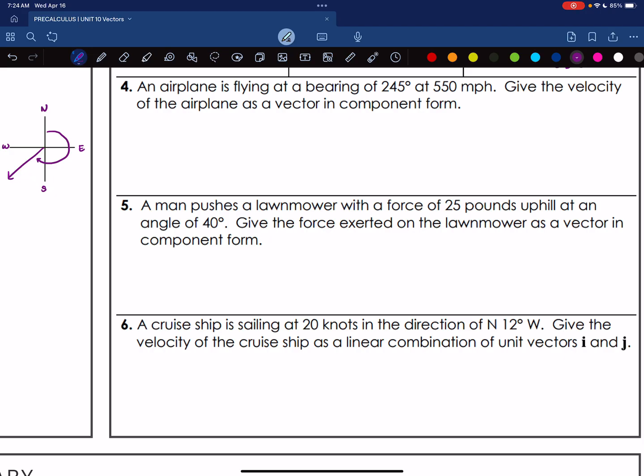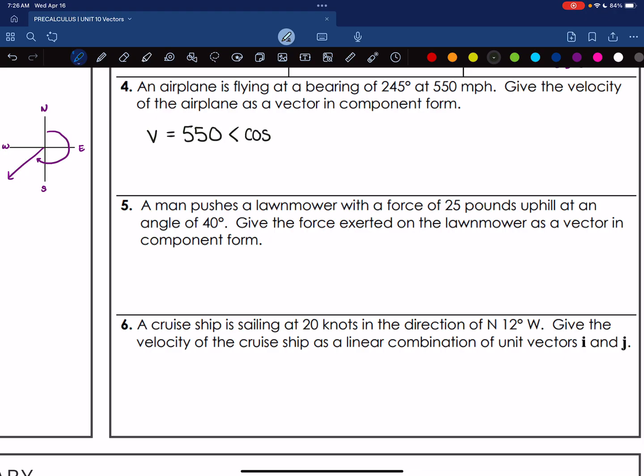So to do so, we're taking our magnitude. What is the magnitude? Our magnitude is 550, and our vector in component form is going to be our trig ratios, which is cosine of our angle.